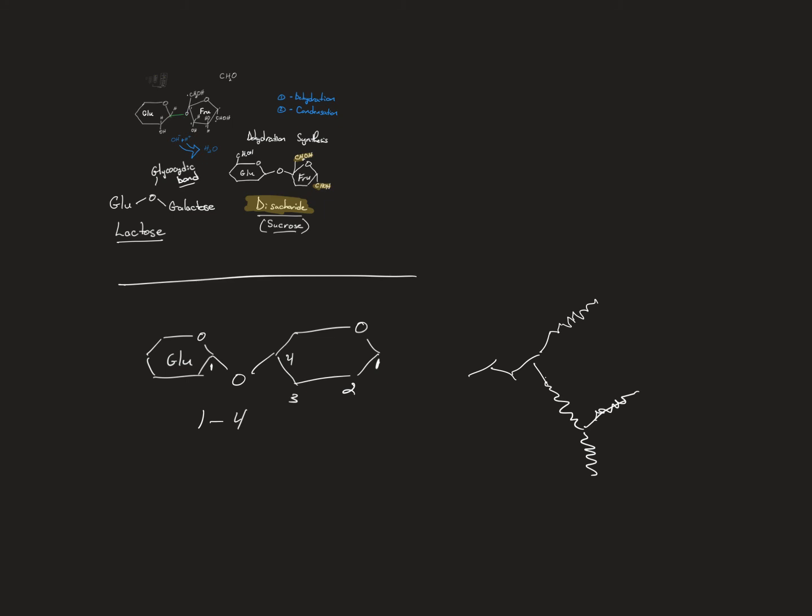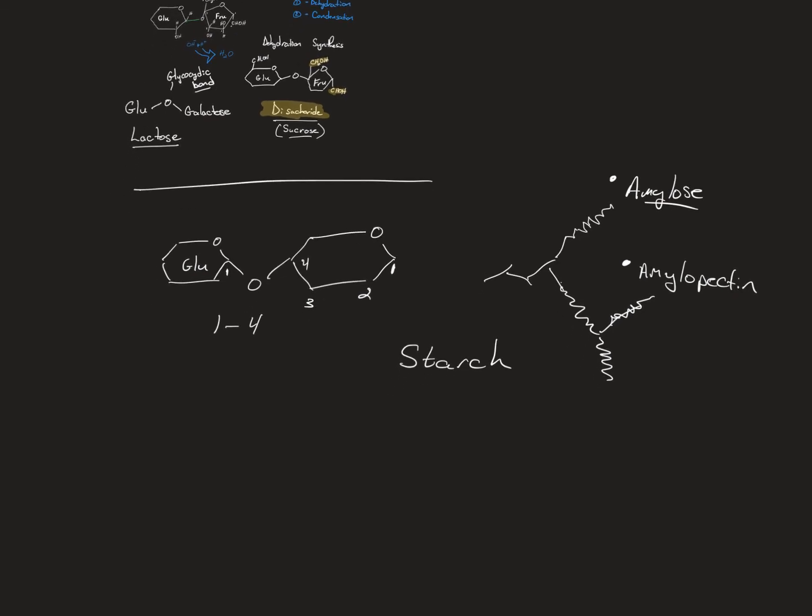They're both starch, but amylopectin is the branched form of starch, where the non-branched form is called amylose. So amylopectin versus amylose. They're both forms of starch, both connected 1 to 4.